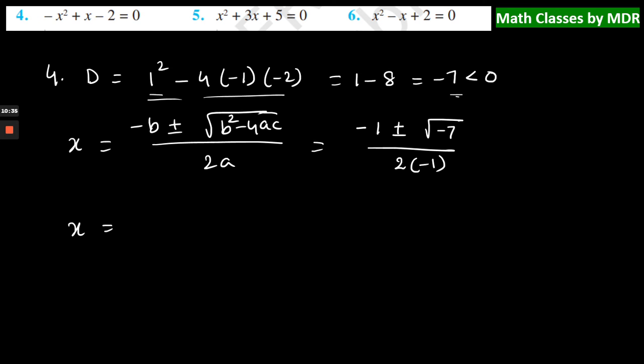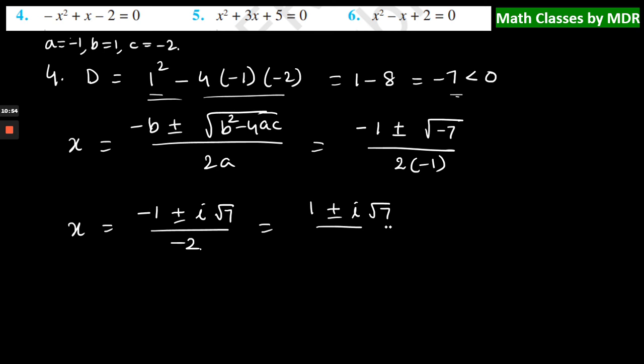You should take the values of a here: a is minus 1, b is 1, c is minus 2. Therefore, you will get minus 1 plus or minus i root 7 by minus 2, or you can write it as 1 plus or minus i root 7 by 2. These are the values. You can multiply by minus 1 in both numerator and denominator, so you will get it.